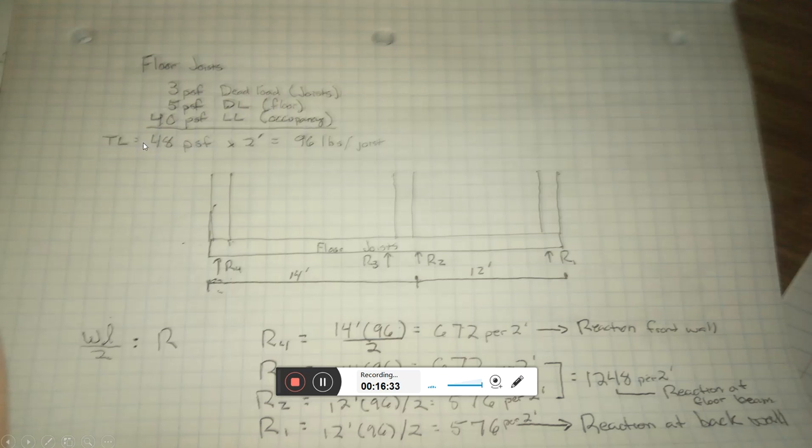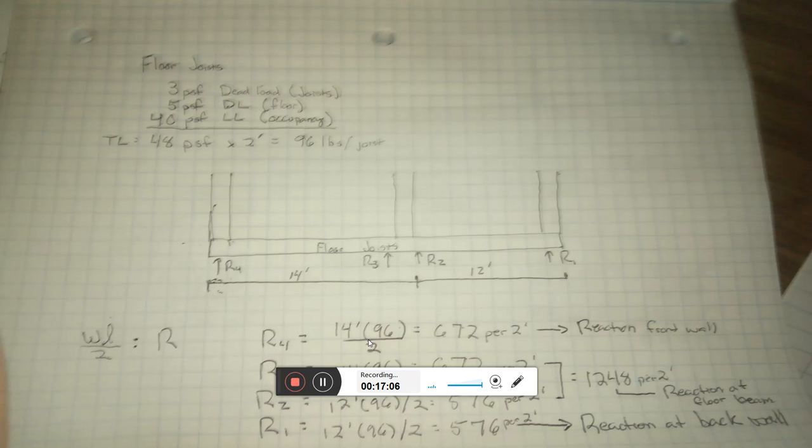So you add those all together, you get 48, and then times 2 feet to get 96 pounds per joist. You do that because the joists are 2 feet on center. So now you can use this equation right here, which is the load times the length divided by 2 equals the reaction.